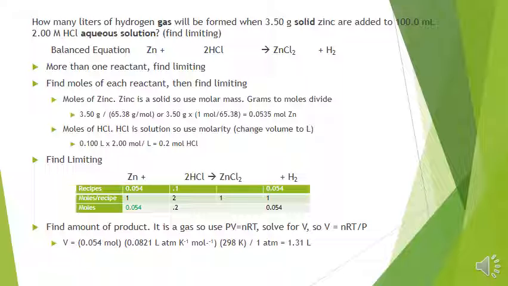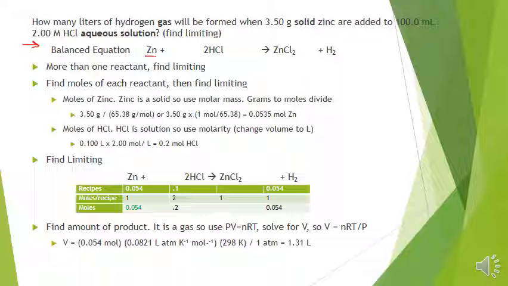Okay, number 3: how many liters of hydrogen gas will be formed when 3.50 grams of solid zinc are added to 100.0 mL of 2 molar HCl? Okay, the balanced equation. This is a single replacement reaction using an acid.